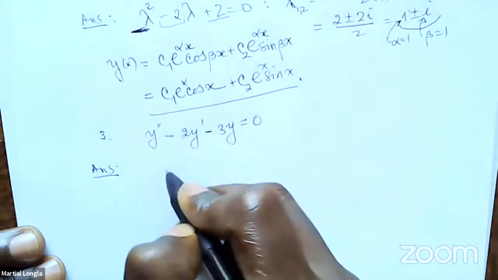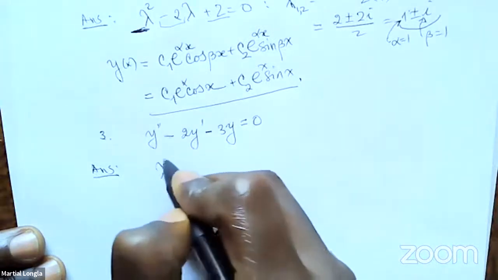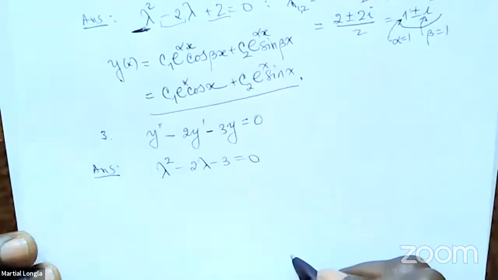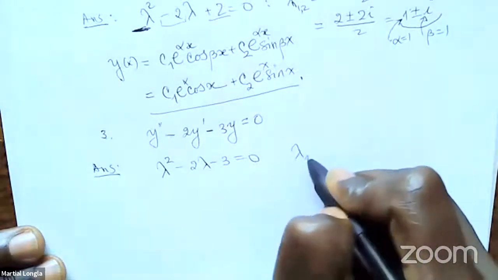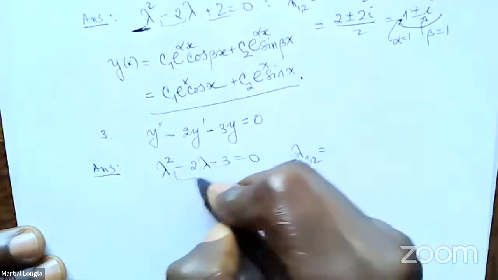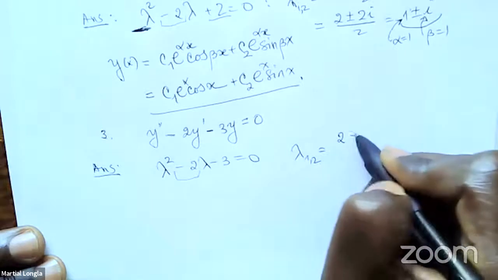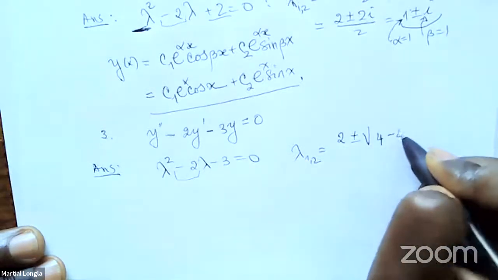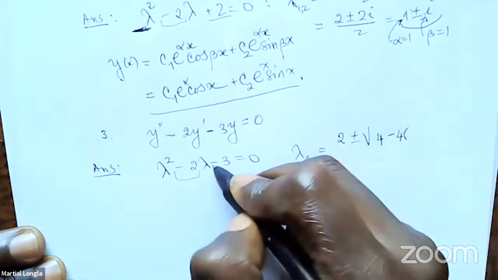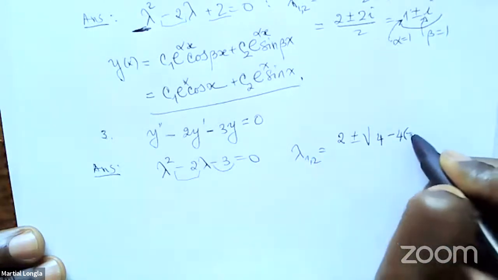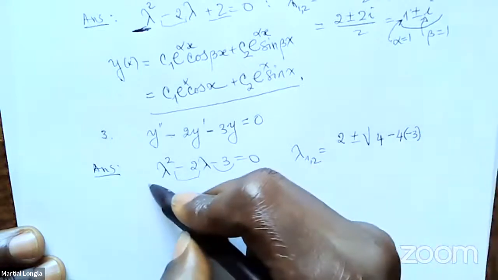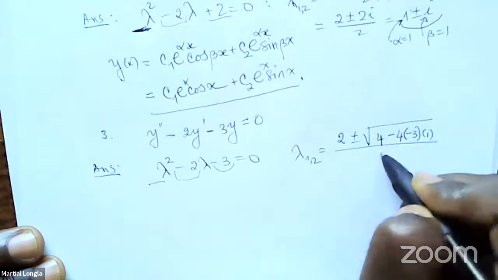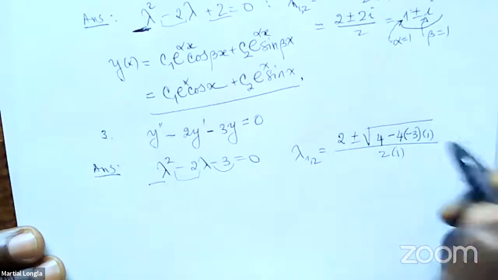So in this case, you would say, okay, lambda squared minus 2 lambda minus 3 equals 0. And lambda 1, 2, that's minus minus 2, 2 plus minus square root of minus 2 squared, 4, minus 4 times. And here, be careful, that's minus 3 times 1, over 2 times 1 that is there.